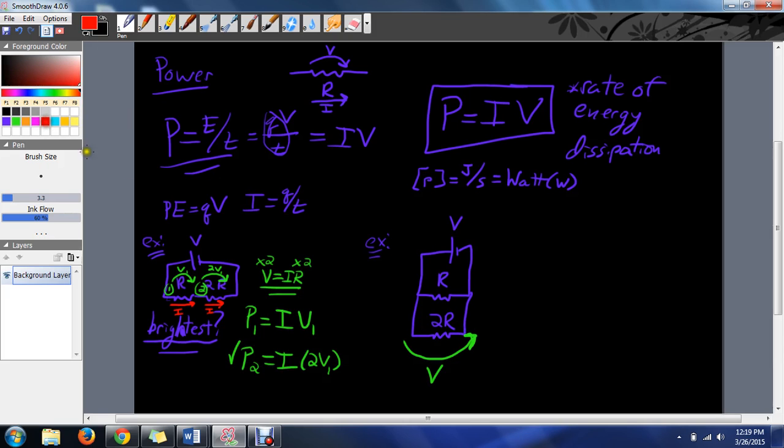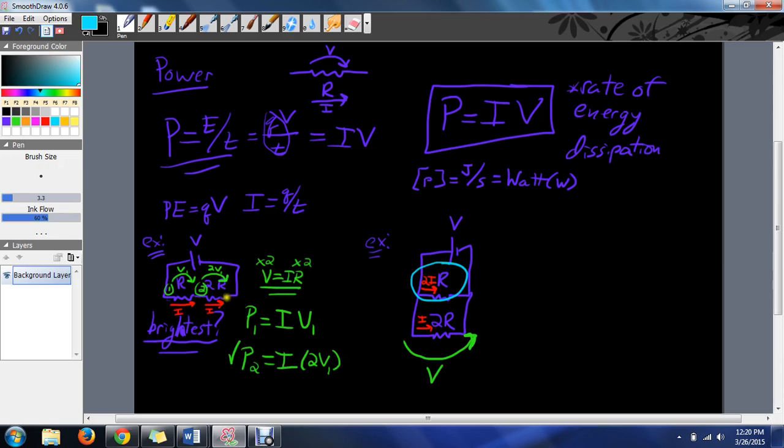So now you want to think, how's the current different? Which has more current? Well, I hope you understand that the current through this one is I, but since this is a lower resistance, it will have more current. So look what happened here. If we look at the power of these two light bulbs, the current now is greater here given the same voltage.